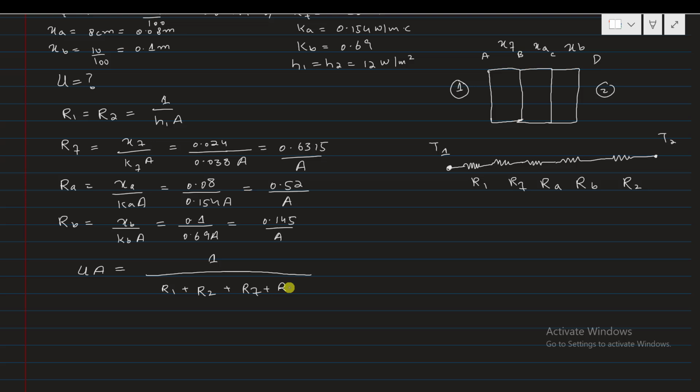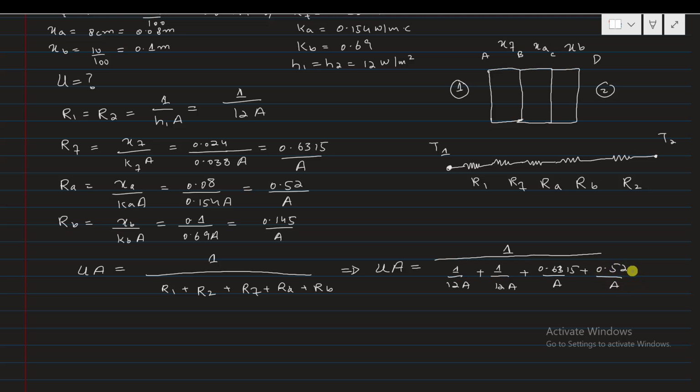So the overall heat transfer coefficient times area is equal to 1 divided by R1, that is 1 divided by 12A, plus 1 divided by 12A since R1 and R2 are equal, plus RF, 0.6315 divided by A, plus 0.52 divided by A, plus 0.145 divided by A.